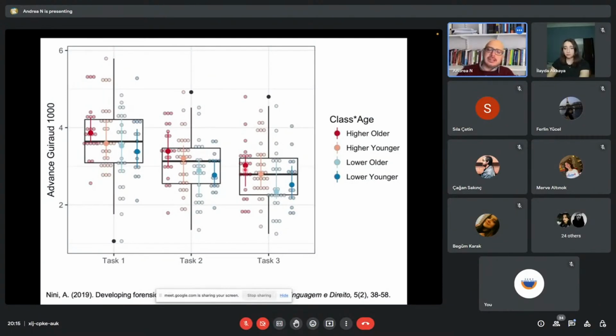So in other words, these kinds of measures that we take from text that can help us with profiling are very sensitive to register, to the situation in which the text is produced. Look here, for example: lower younger in task 1 have the same level of vocabulary sophistication as higher older in task 2.